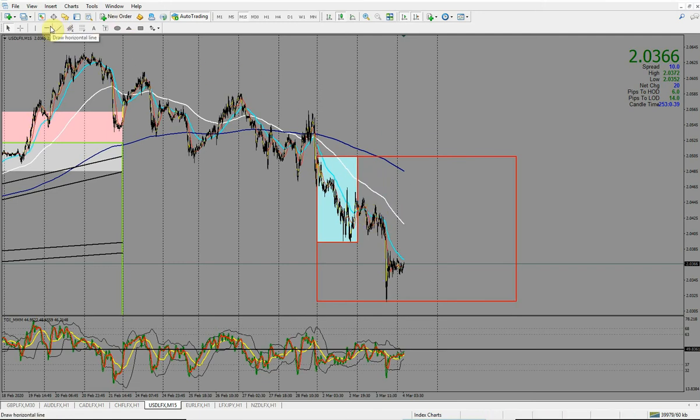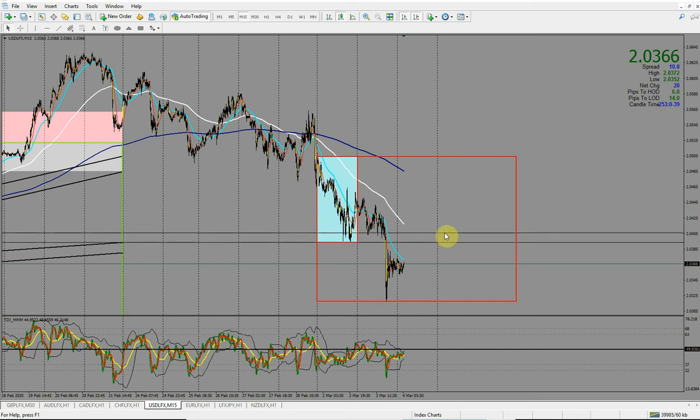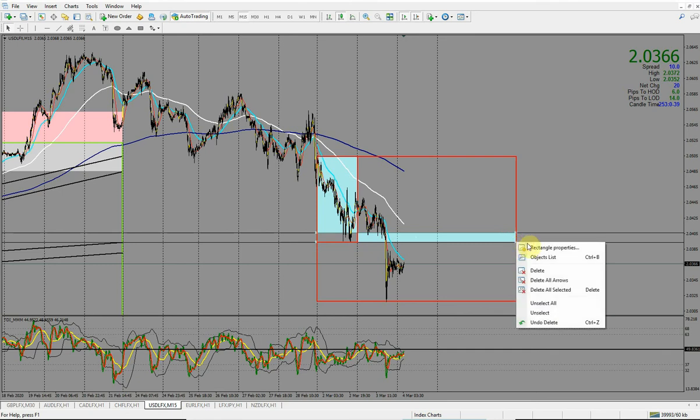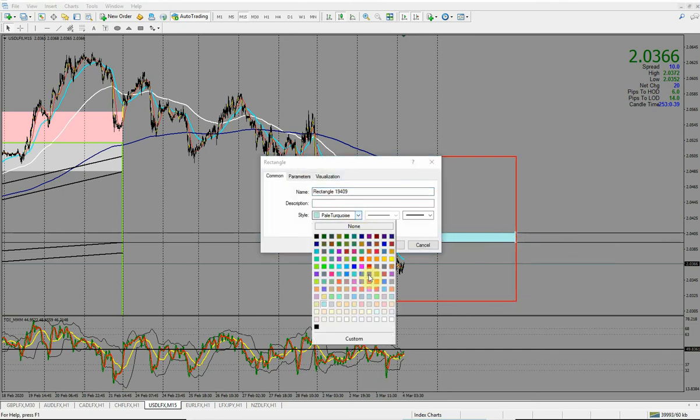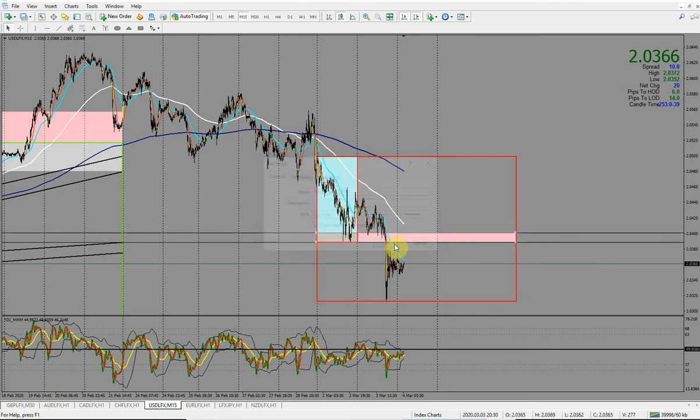So there's a setup here. I call it the Asian breakout retest setup. See how it looks. So what is my ADR here?